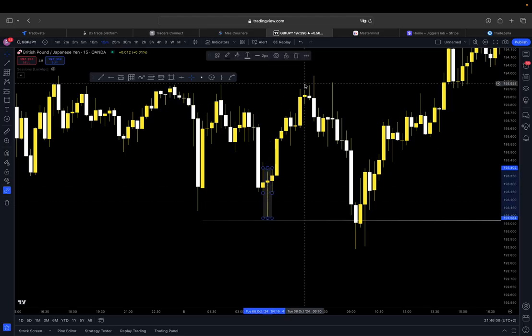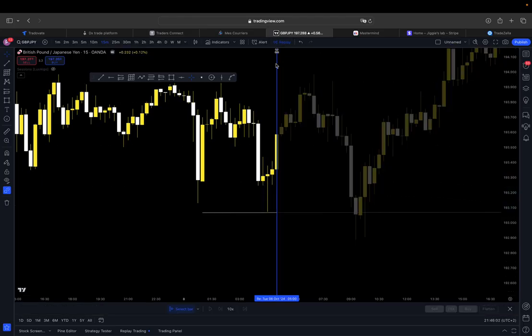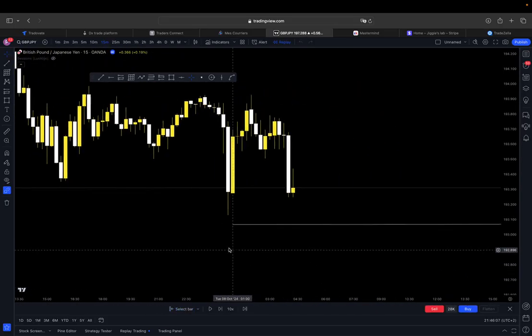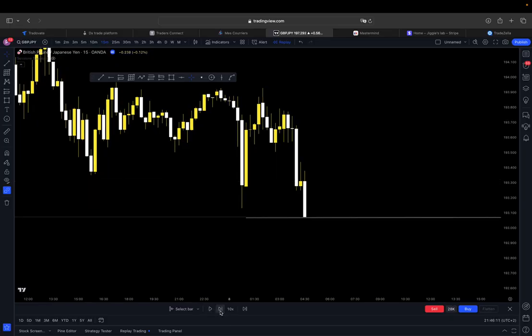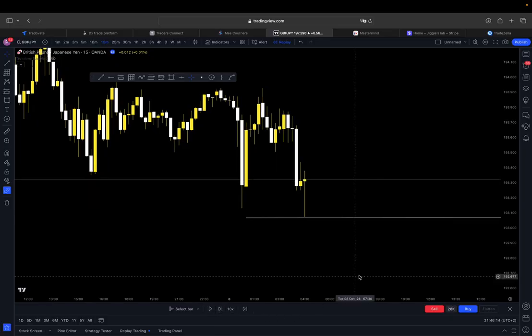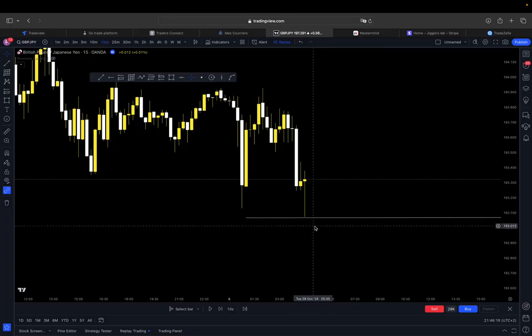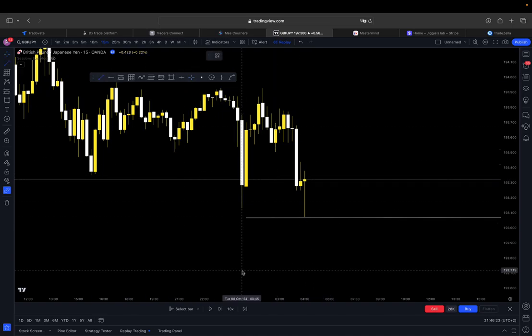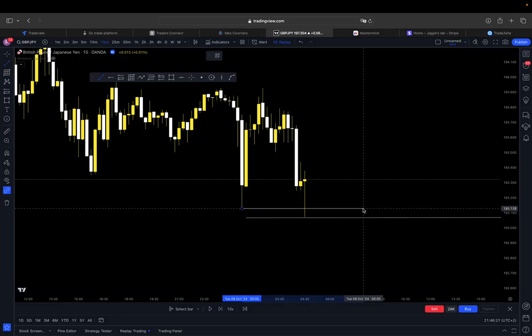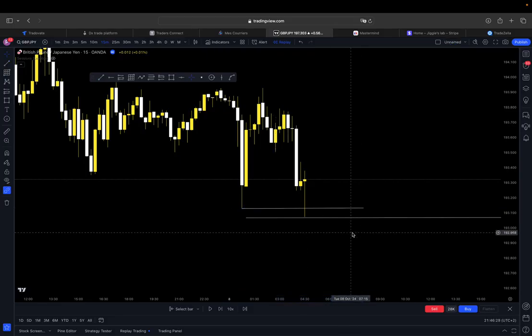At one period in time, it looked like this. Can you see it? It looked like a break of structure to the downside, but what did it do? It swept this liquidity. Now, listen carefully.